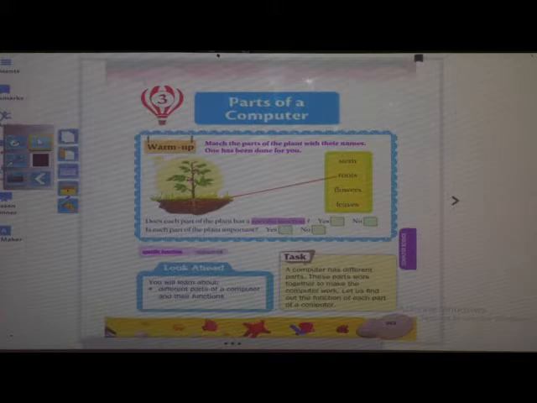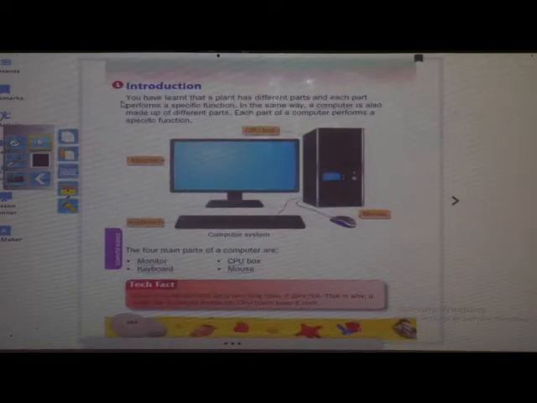Okay, so first, what is it? First is the introduction. Let us see. You have learned that a plant has different parts and each part performs a specific function.